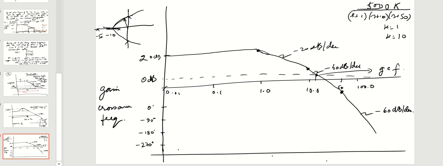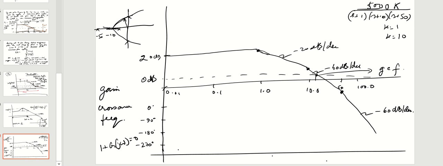You know that in order for a point to be a root, you need 1 plus g equal to 0. So in order for an imaginary number to be a root, you want that 1 plus g of j omega equal to 0 for some real value of omega.